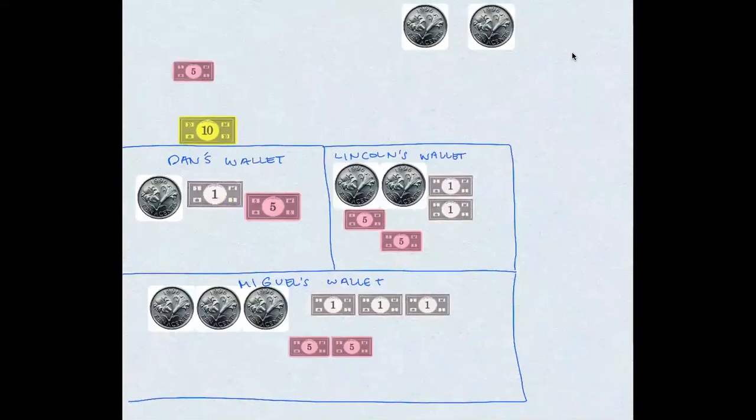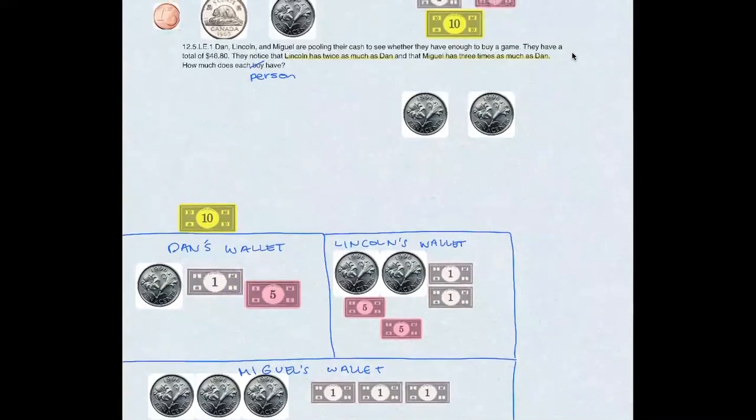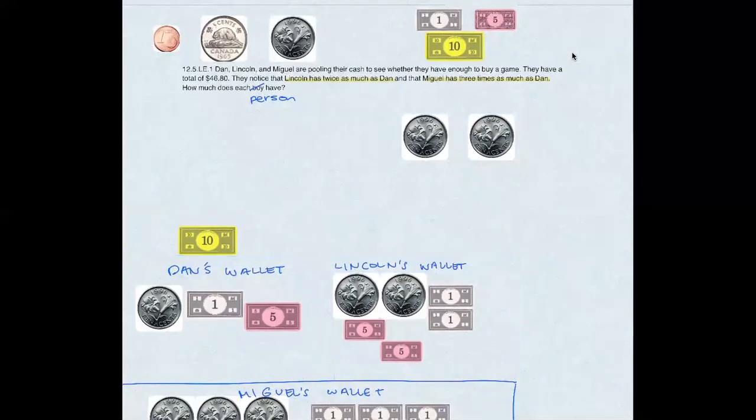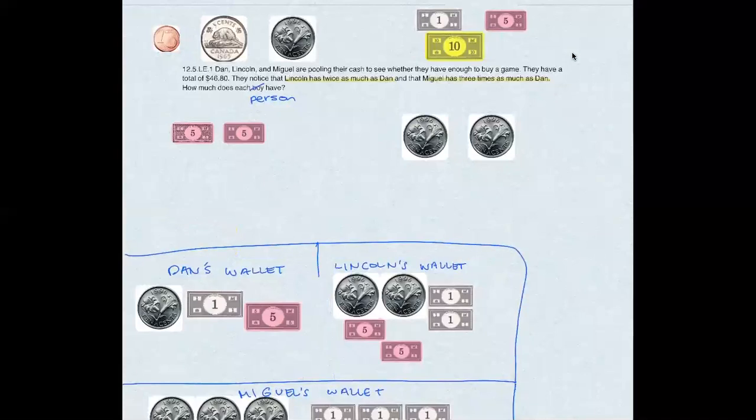Now, I know this is tedious, definitely, but it is helping to visualize the problem. Because I can't grab that without messing that up, let me get rid of those lines and then move that $10 bill up, and I'll break that up into two fives. One, two fives. Okay, let me put their wallets back in their spots.